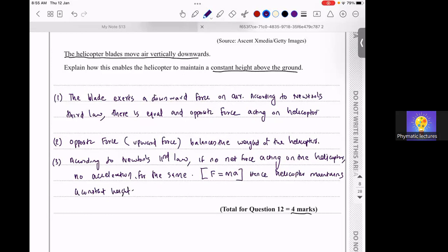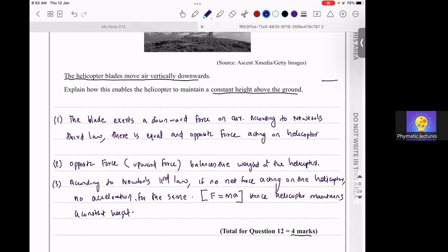And if you want, you can draw a small free body diagram. Like this is our helicopter. This is the force acting on the air by the blade.